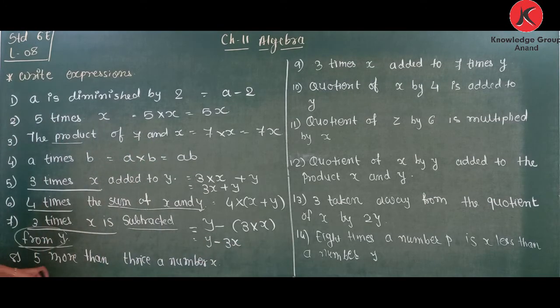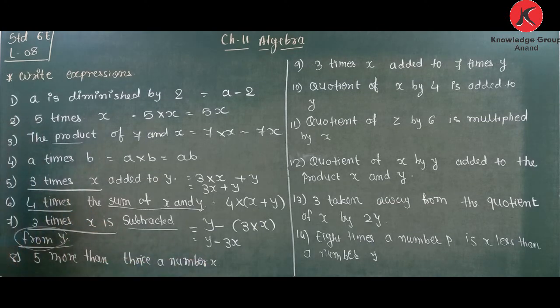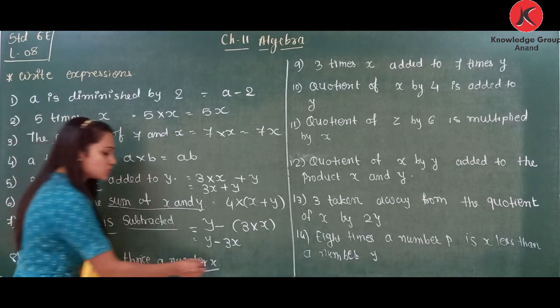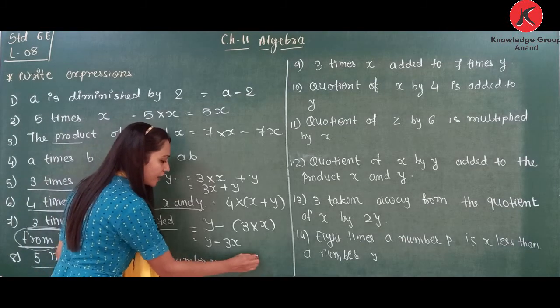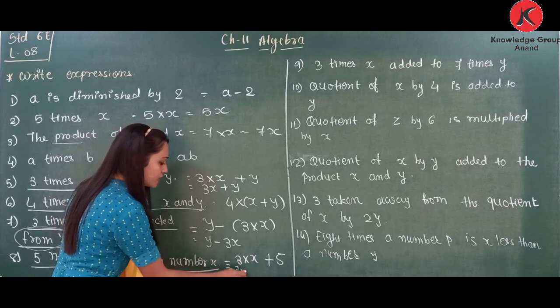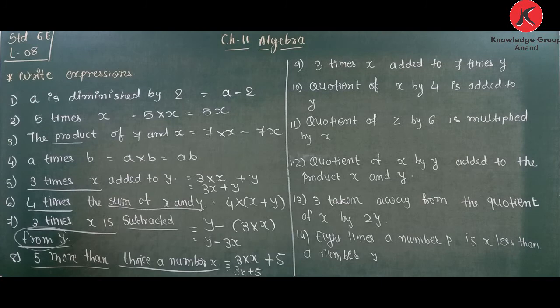Next, 5 more than thrice a number x. 5 more than means it is the addition of 5 to thrice a number x. Thrice means 3 times the number x. 5 more means add 5. So it is 3x plus 5. That is the expression. Clear? Now next one.